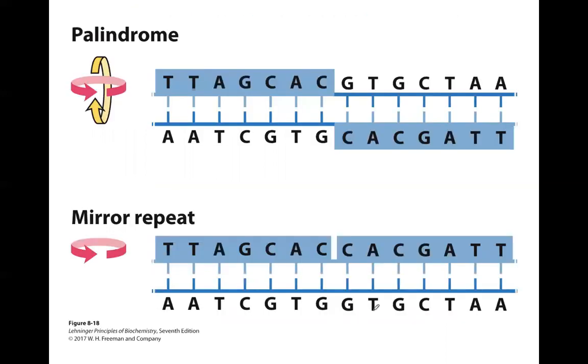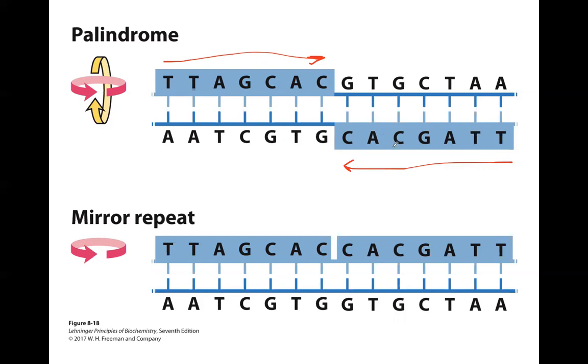Now, these kinds of palindromic sequences can occur in RNA, for example. So you can see here, this sequence read from this direction to this direction, and this sequence read from this direction to that direction, are palindromic, right? So they're symmetrical.